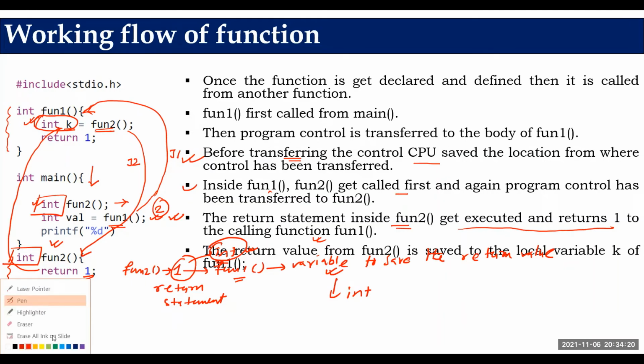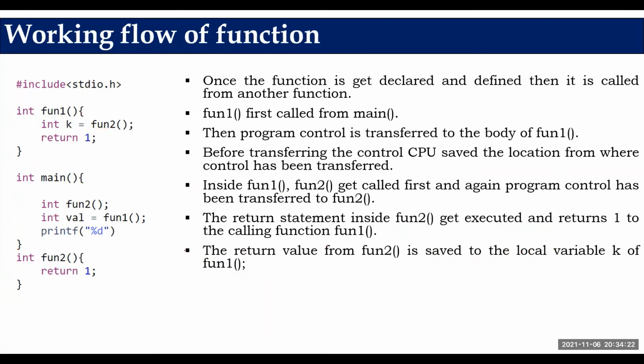Okay, now let's see the next point. The return value of fun2 is saved to a local variable k. Yes, k is a local variable because it is declared inside fun1. Saved. What value does k have now? k has 1.